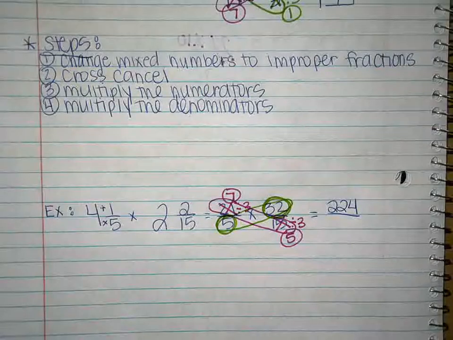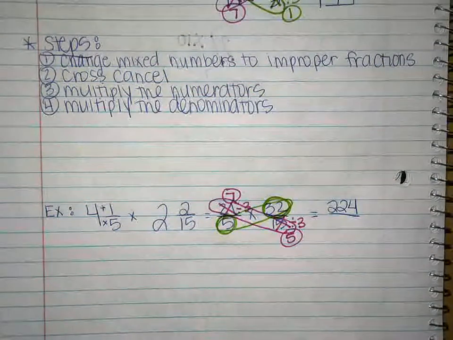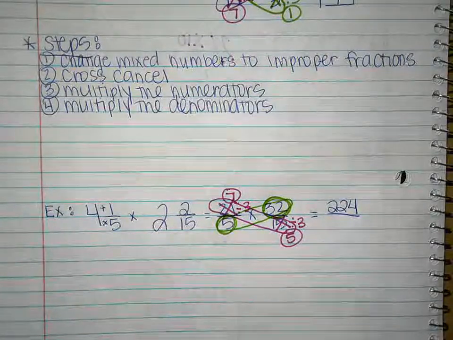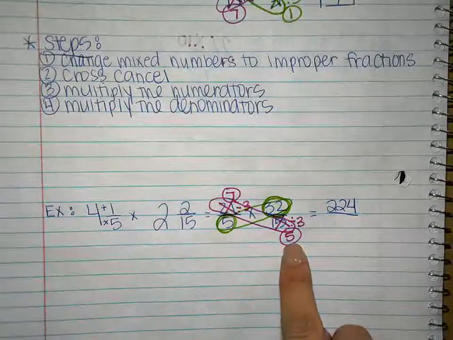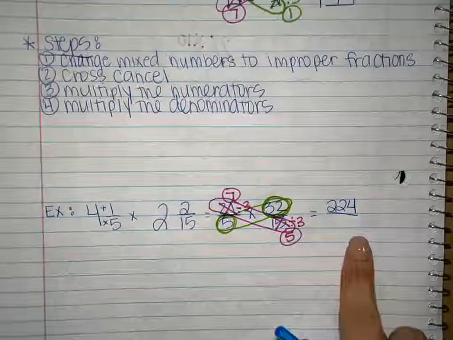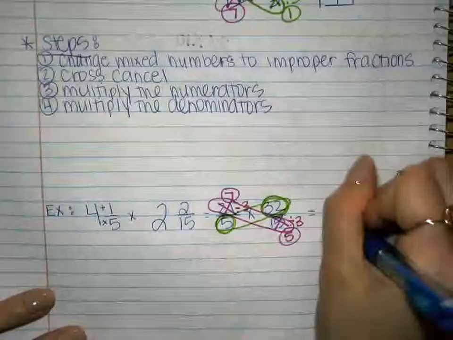What am I multiplying together? 5 and 15. What am I multiplying together? 5 and 5. Because remember, we changed that 15 to a 5. 5 times 5 is? 25.